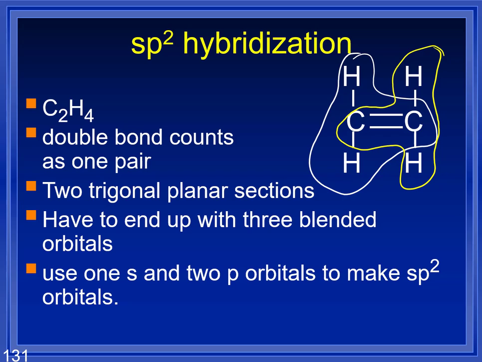But I still need 4 places to put electrons. sp2 is only 3 places to put electrons. I've got 1 p orbital left over. Where is it?